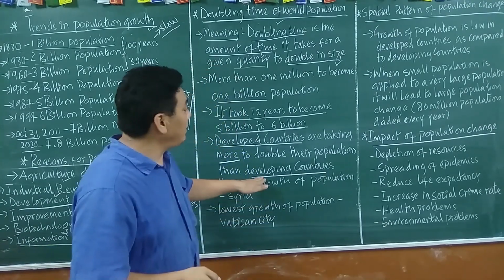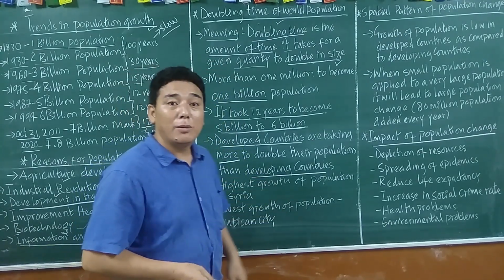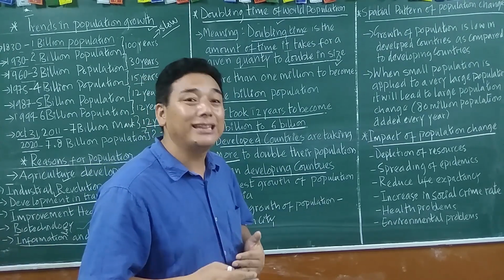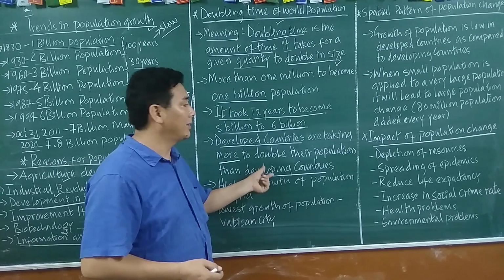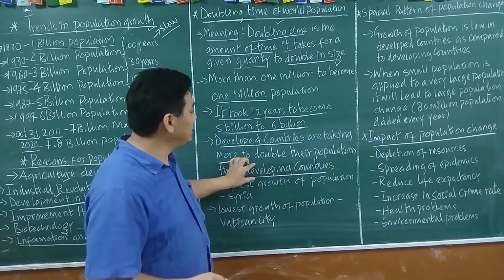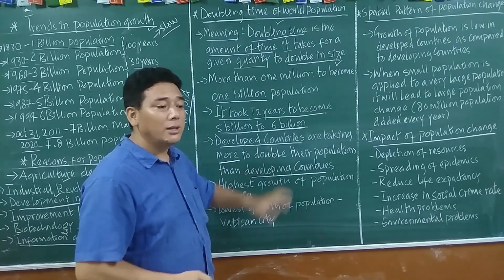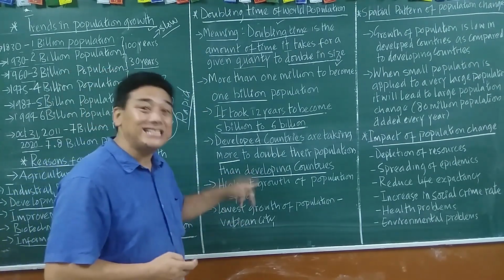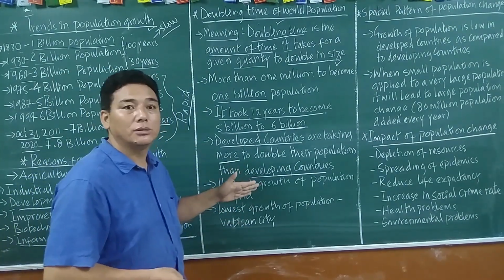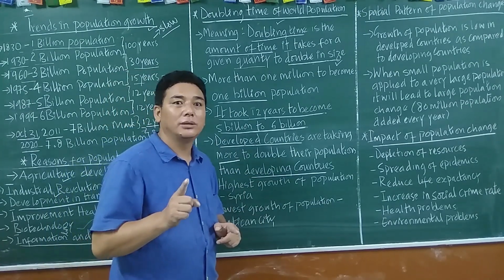In a developing country, like Angola, the population doubles in less time. Why? What could be the reason?